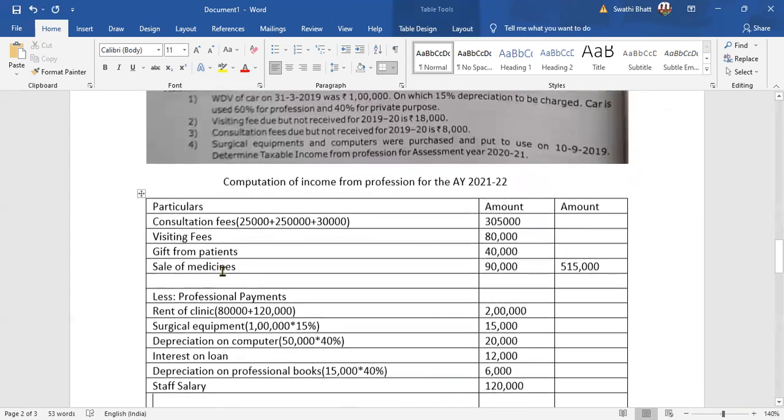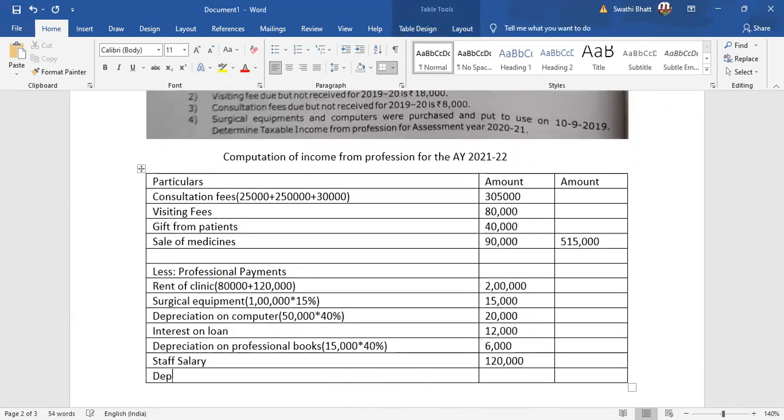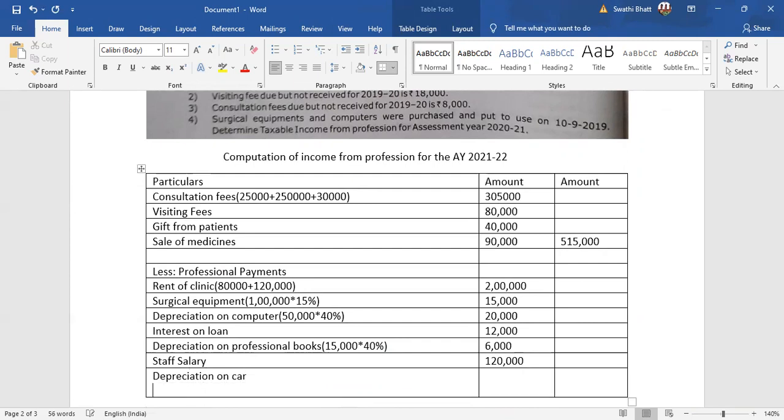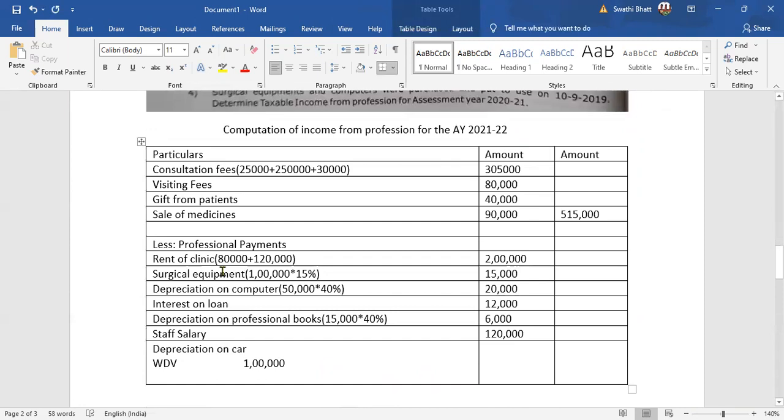So, how to calculate depreciation? The first one, depreciation on car. First, you take the written down value. The written down value as given to us in our additional information is 1 lakh. To this amount, you will be adding the new purchase.